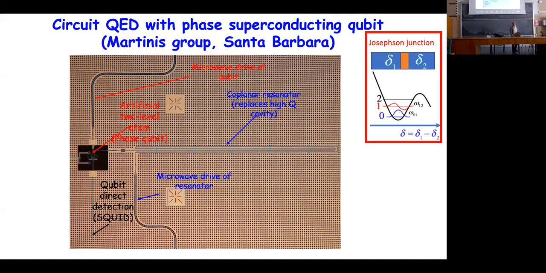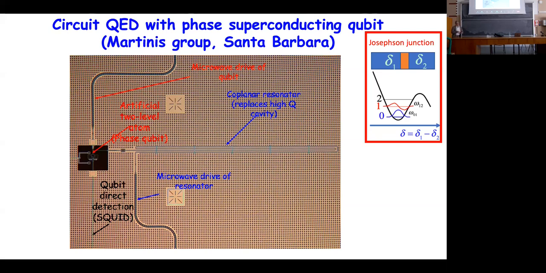A few words about the artificial atom. The main element of this artificial atom is what is called a Josephson junction. You have two superconductors, two superconducting islands, which are separated by a very thin piece of dielectric insulator.